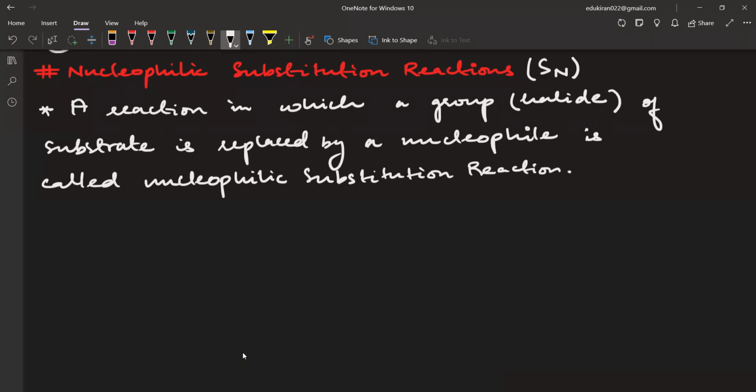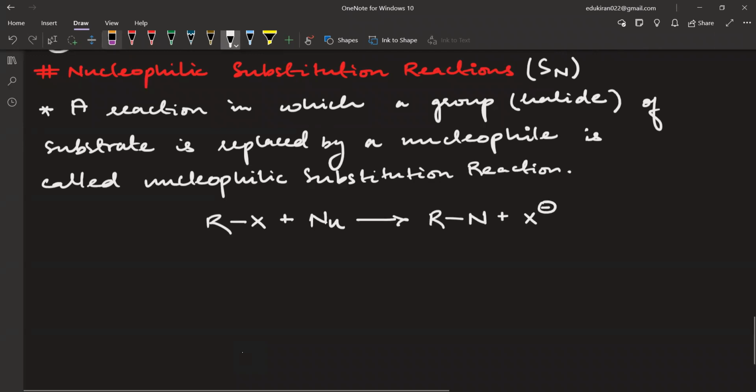In general, how we write this reaction: you have RX, in which this X atom is a halogen. It may be fluorine, chlorine, bromine, or iodine. And there will be a nucleophile. In the reaction, this nucleophile will get attached on carbon, and this X negative will leave.